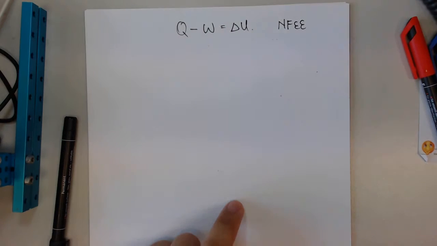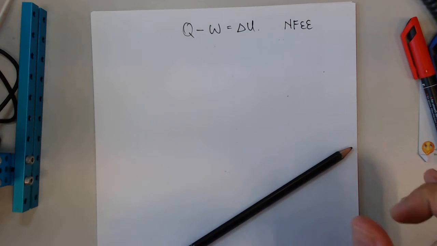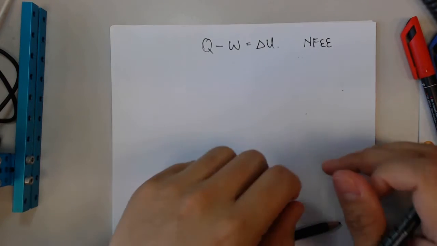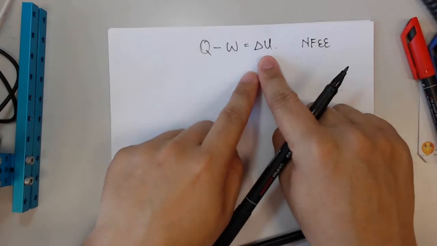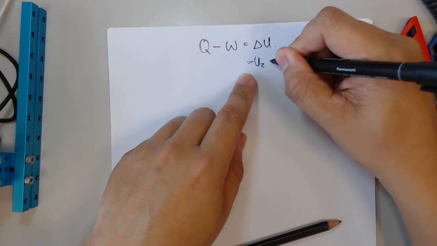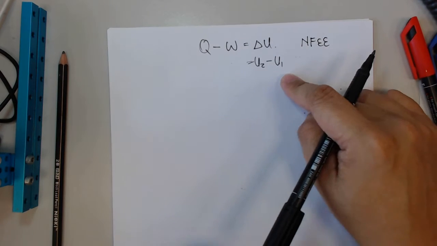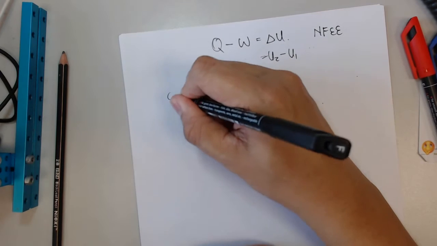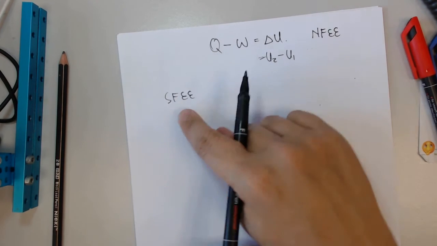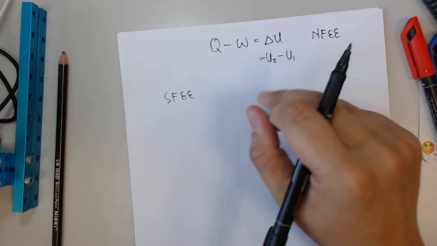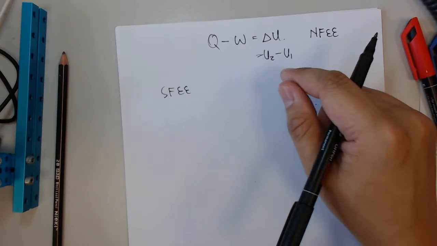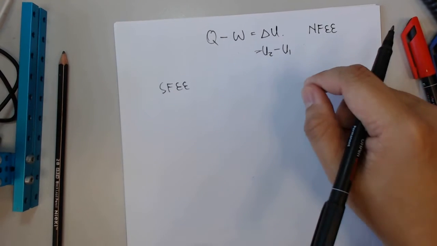What you actually do is you are not looking at initial to final. For the steady flow energy equation, we call it SFEE, it will no longer be initial and final. Rather, it will be an inlet and outlet comparison.